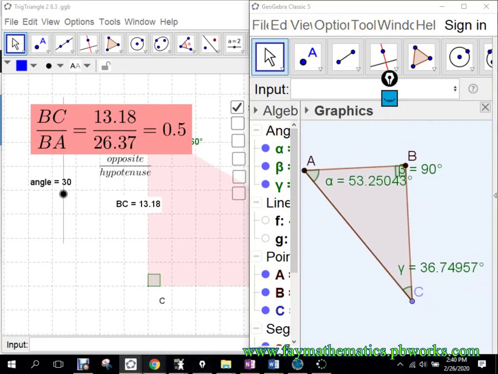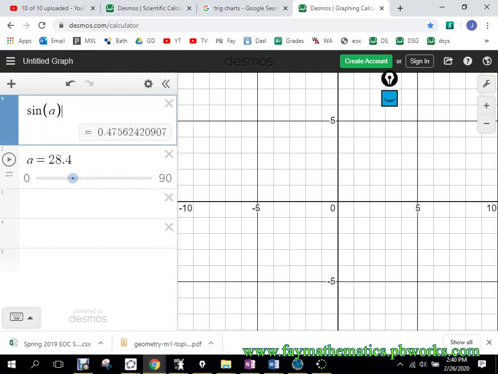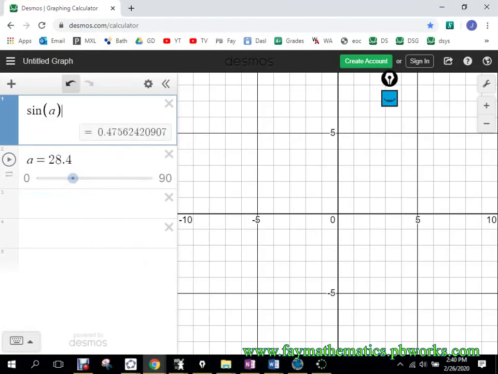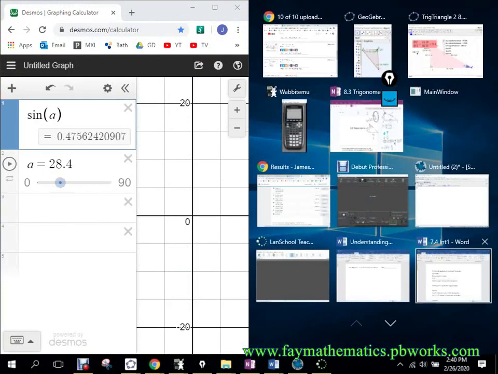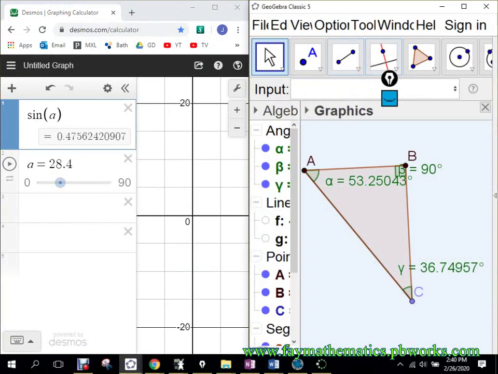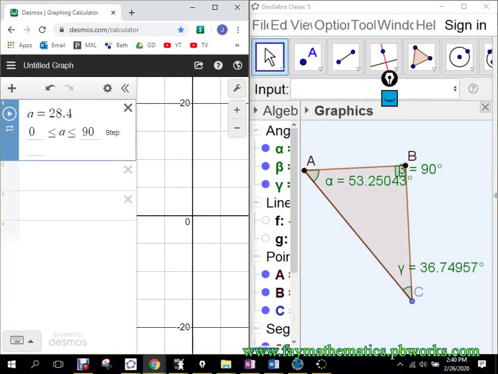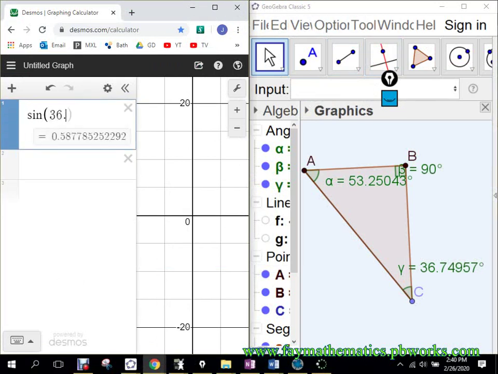Okay, so that gives you, wish my screens were a little bit bigger. All right, so sine 36.74957 gives you that ratio right there, correct?